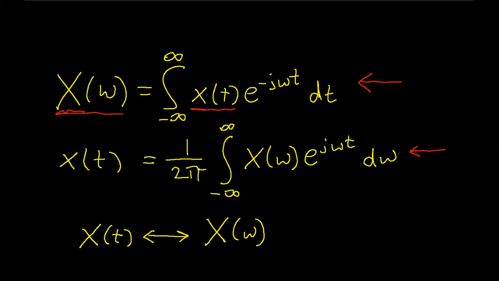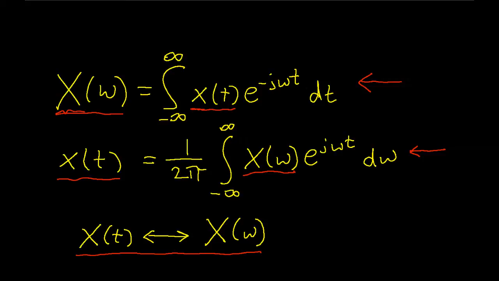Going from the frequency domain back to the time domain is actually pretty similar. I don't have the negative sign on the exponent, and I integrate with respect to omega. But again, given a transform x of omega, this will give me x of t. And I represent the fact that x of t and x of omega are related through the Fourier transform by this notation.